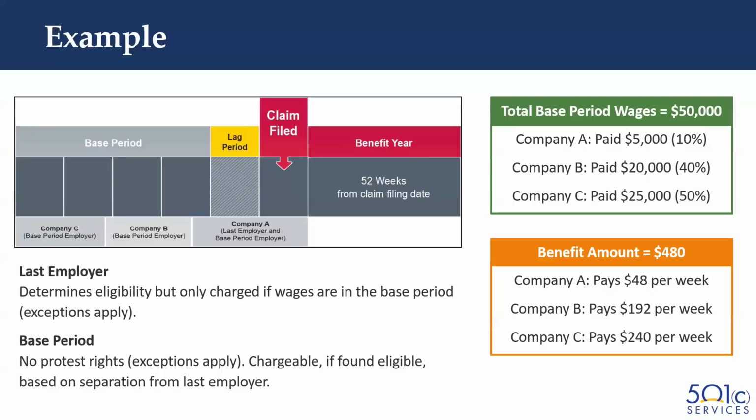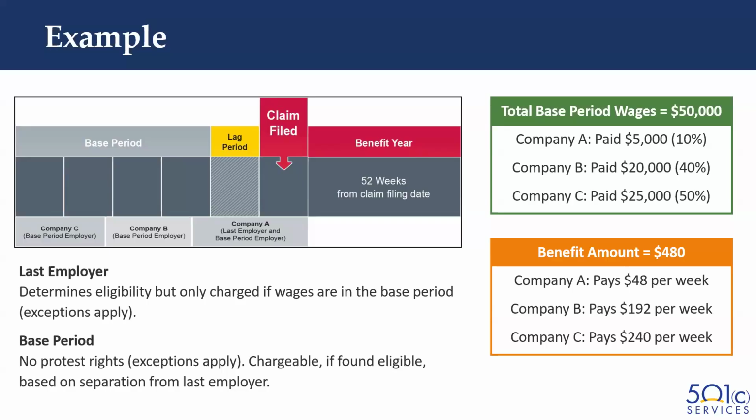Now, if you're a tax-paying employer and you pay into those socialized pooled funds, and you're the base period employer only and they quit for another job, you can protest and say, don't charge my experience rating with this claim, because they voluntarily quit. And the state will usually relieve you of charging your experience rating because they're going to take the money out of those pooled funds that you pay into when you're a taxpayer. They're still going to pay the claimant if they're eligible.